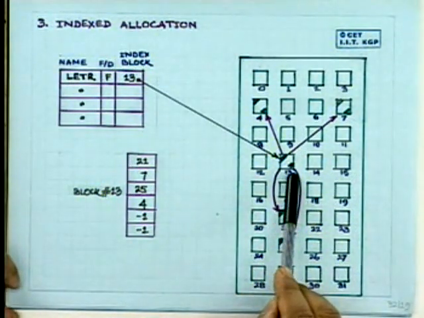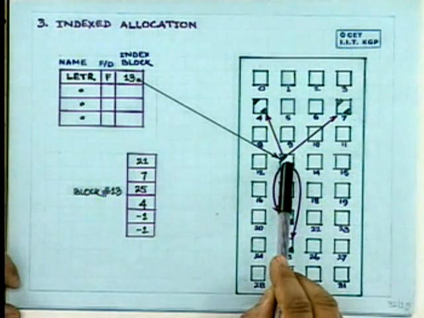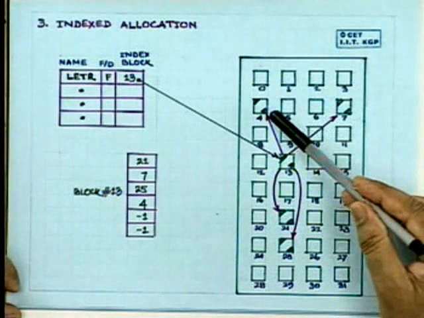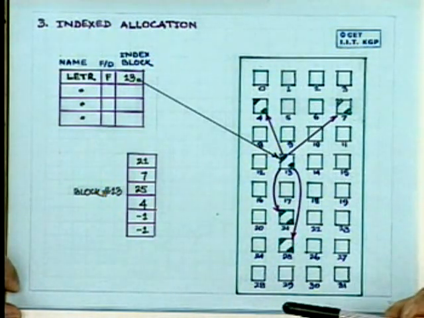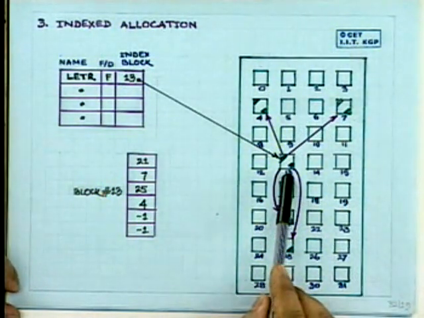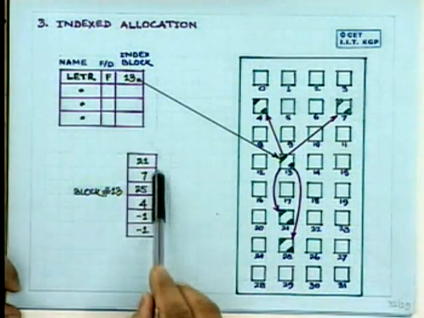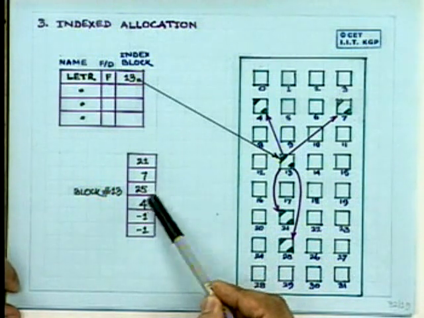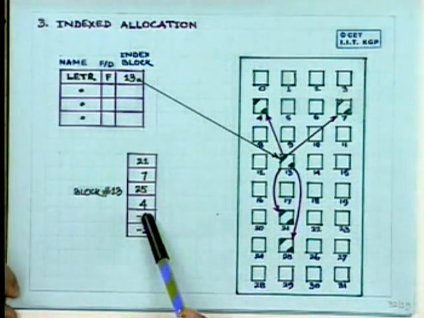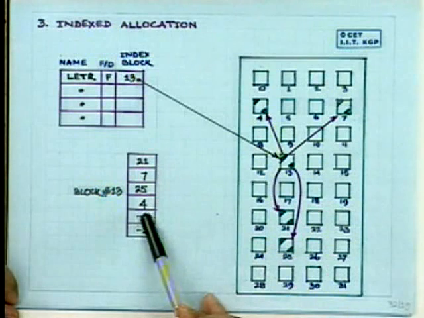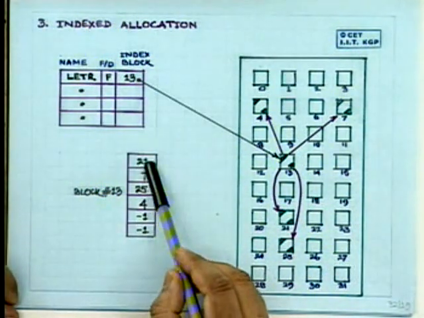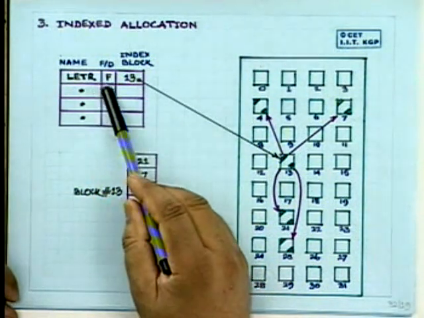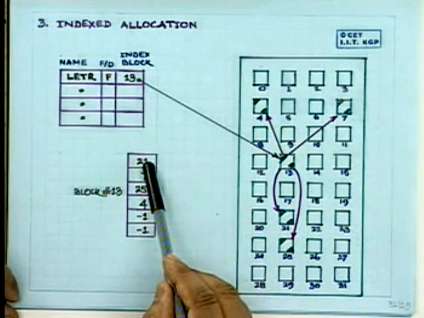The index block, physical block number 13, contains the addresses of the physical blocks where the file has been kept. For example, this physical block 13 has been expanded here. It has, say, 1, 2, 3, 4 entries. -1 stands for the null pointer. This means the logical block 0 of the file is in the physical block 21.